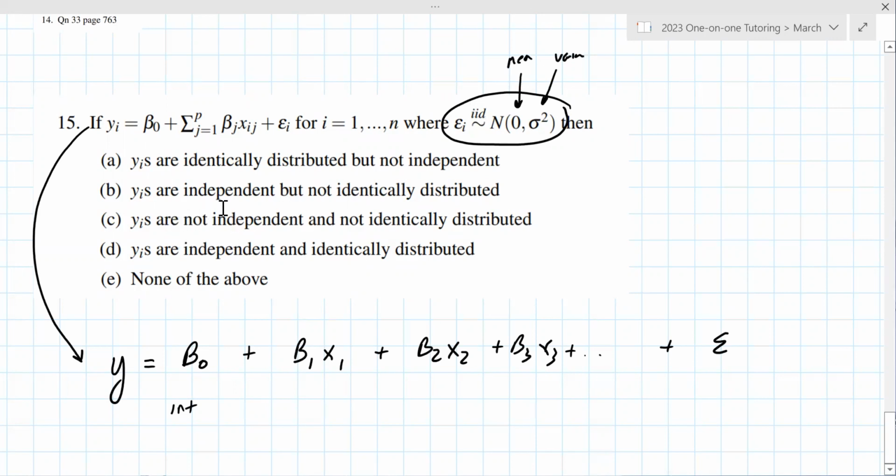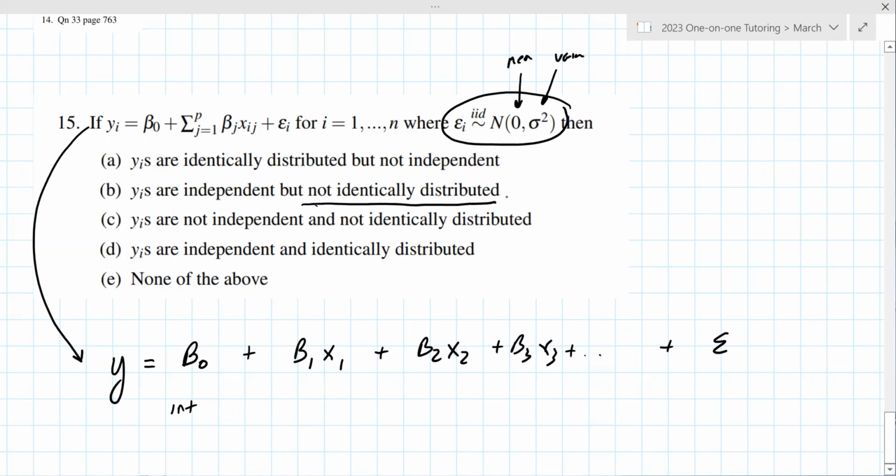So when I first see this question, even in class, I was like, okay, it's probably B, which was right. So we can say for sure that they're independent, but not identically distributed.